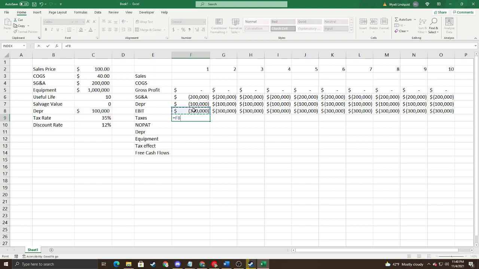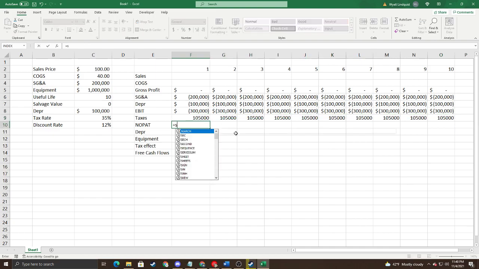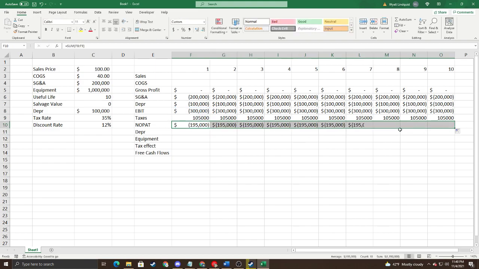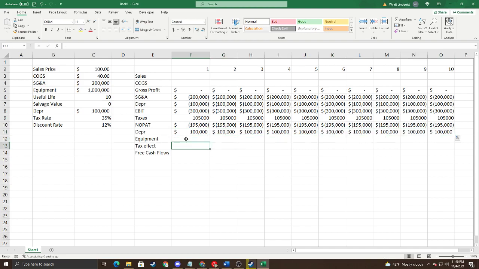So it's equals earnings before income tax times the tax rate, and we're going to make that tax rate an absolute reference, and we're going to make it negative, and we'll just pull that all the way across. And then our NOPAT will just be the sum of earnings before income taxes and the taxes that we have. Our depreciation, we just are adding back that depreciation from earlier, so this one will be positive.